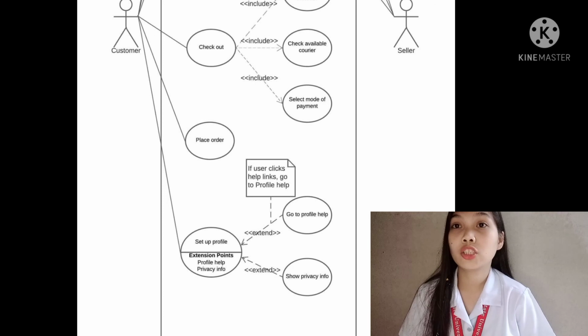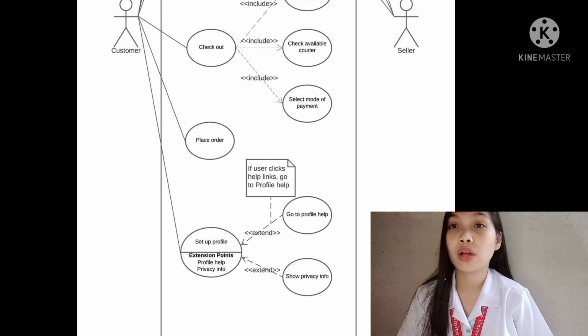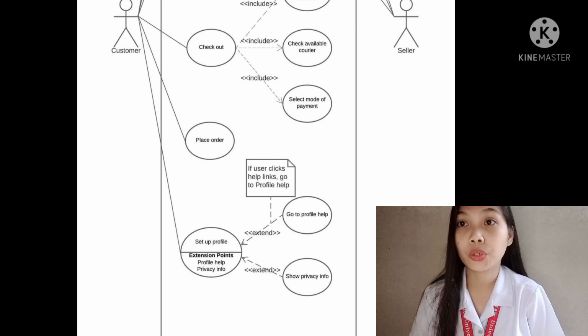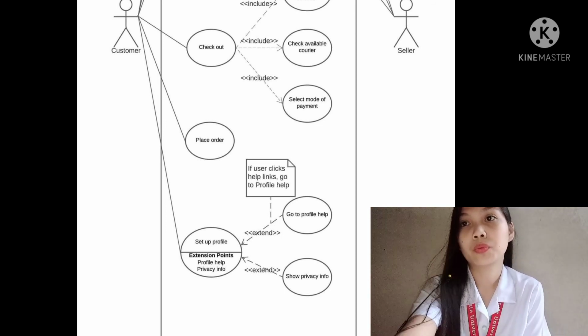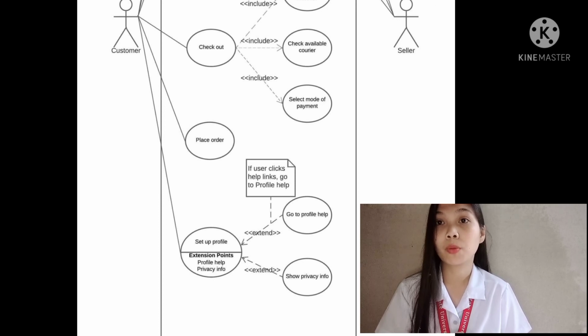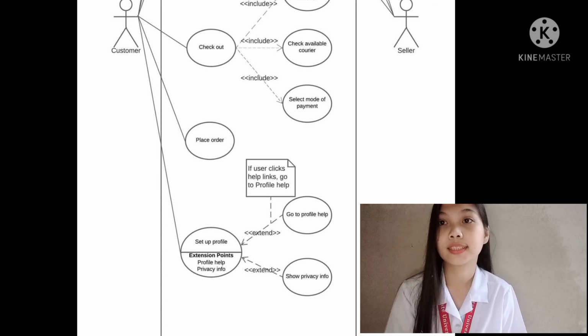This extension point demonstrates that when the customer creates a profile, they may browse to other displays. If the customer is unsure, they may go to profile help and privacy info. Those extension points are branched off to broaden the scope of our use cases.